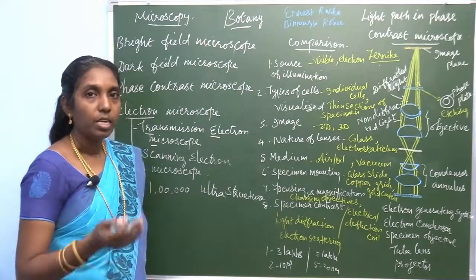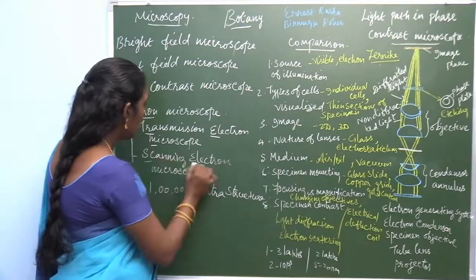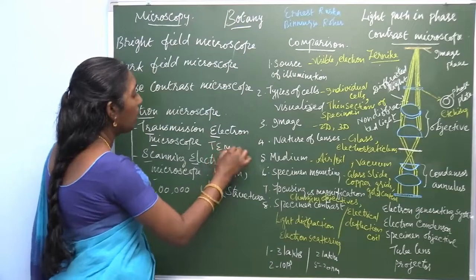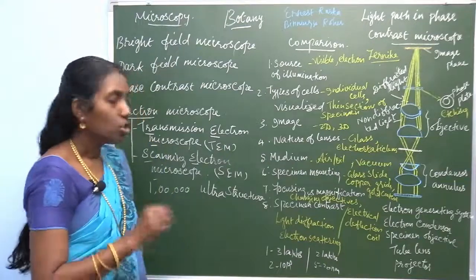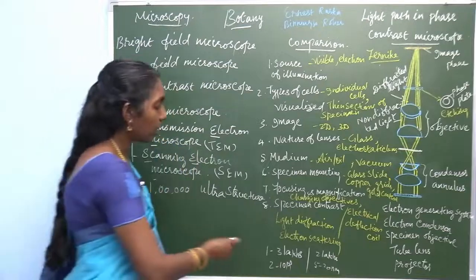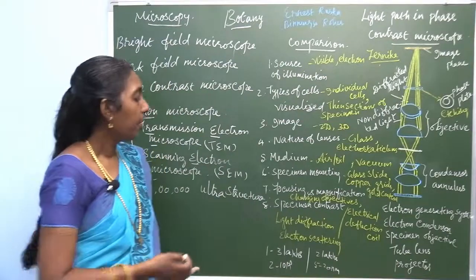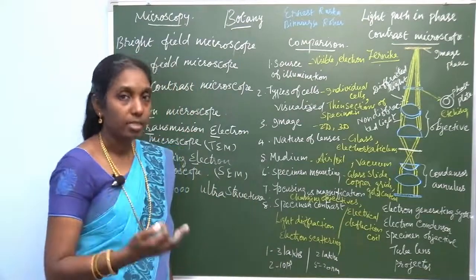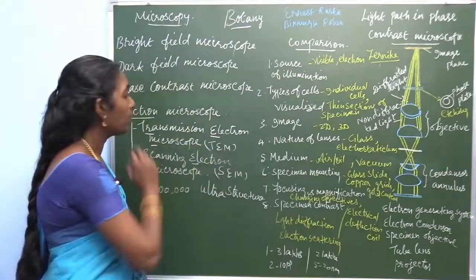Another microscope is the scanning electron microscope, SEM. In the scanning electron microscope, the image is 2 lakh times magnified, whereas in the transmission electron microscope it is 1 to 3 lakh times. The resolving power of the scanning electron microscope is lower than that of the transmission electron microscope.